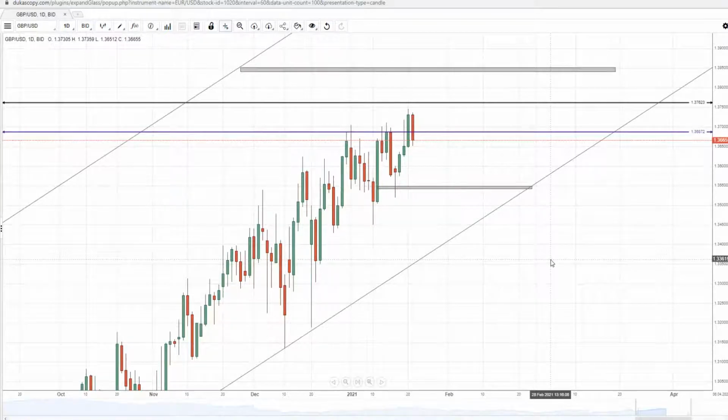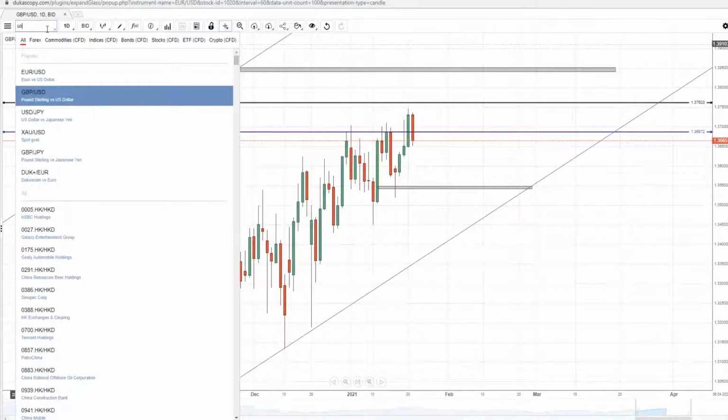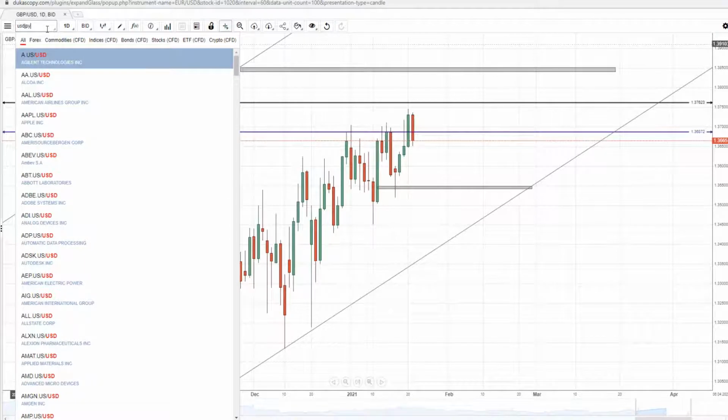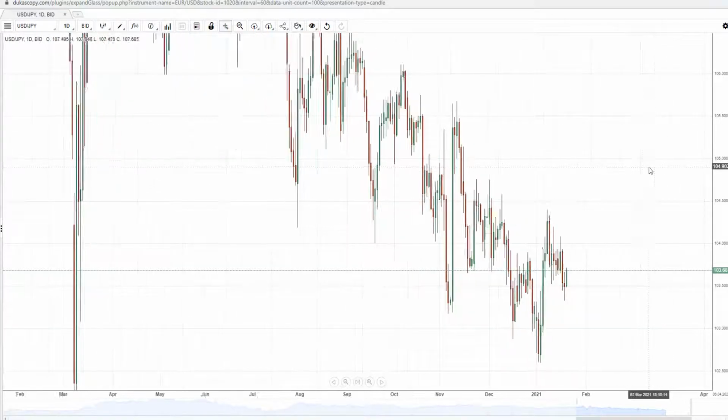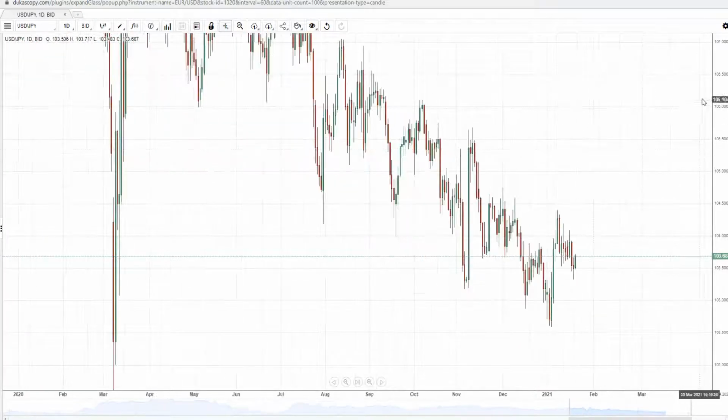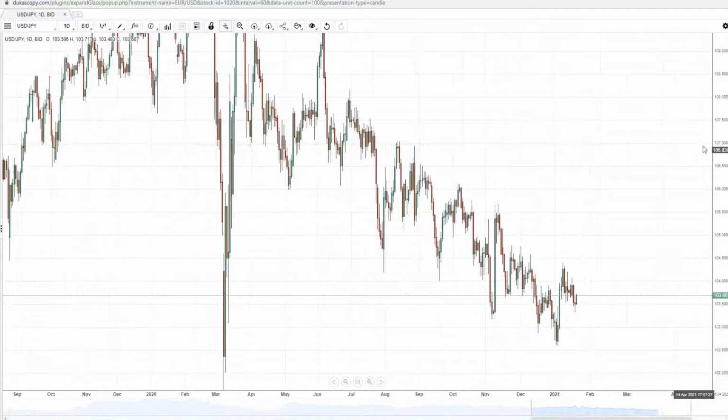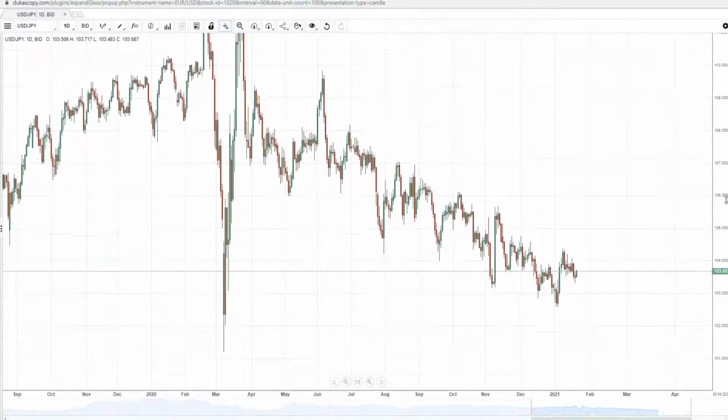That is 135,500. That's going to be the downside target for the British pound. And the next one, USD JPY. For the USD JPY, we see that this instrument has been declining for a very long time.